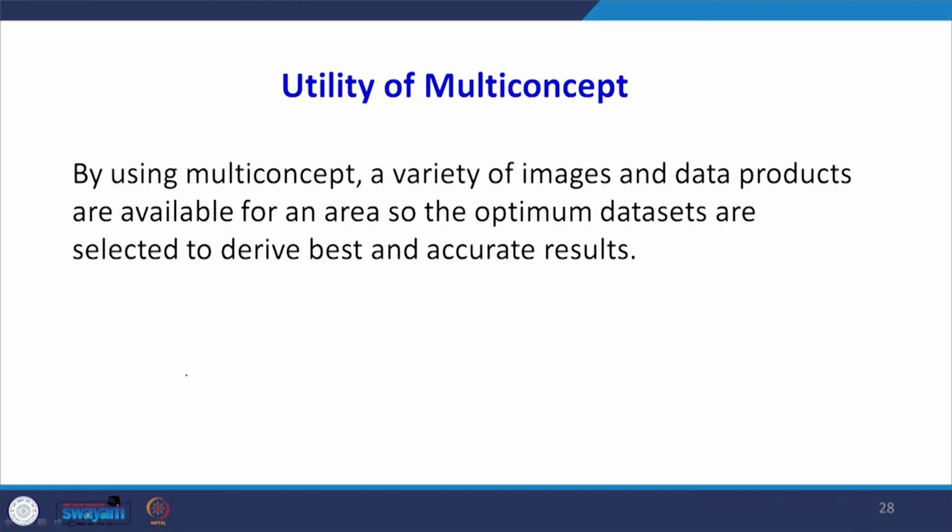So, the utility of the multi-concept which we have learned in this lecture is that you have a very large number of satellite images and data products available to you today in the commercial market, and for a particular application you have to select the optimum data sets so that you can derive the best and most accurate results in the given time frame.